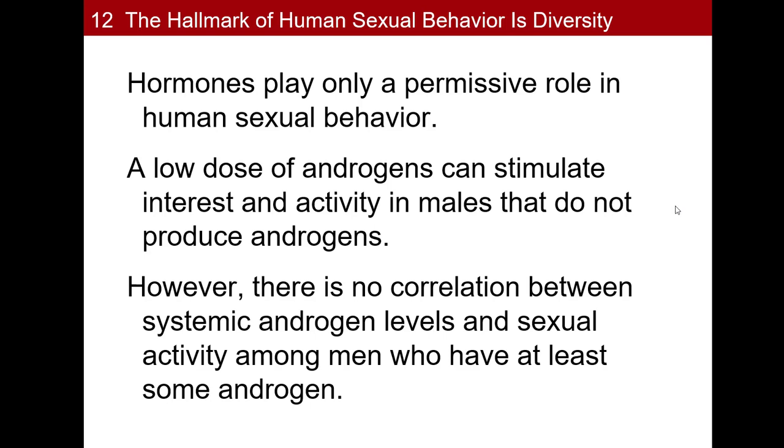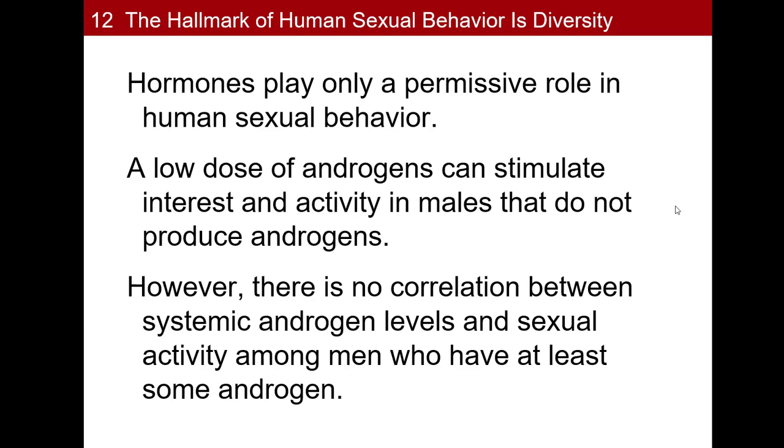What we're essentially saying here is that a male would need a certain level of testosterone to engage in sexual activity. But that does not necessarily mean that the higher the testosterone, the greater the sex drive, okay? As long as there is at least that minimum level, then sexual activity could take place.